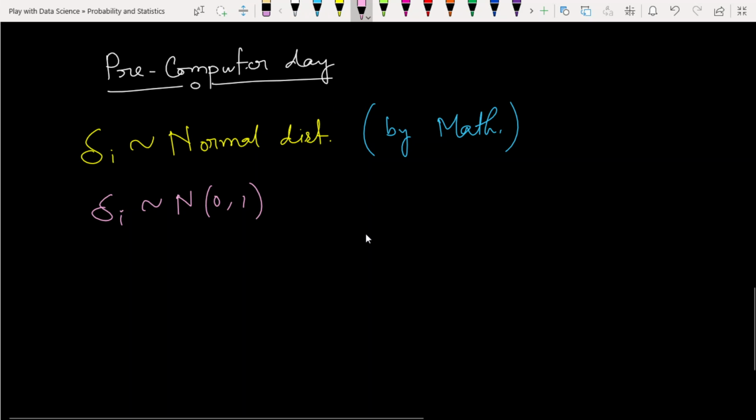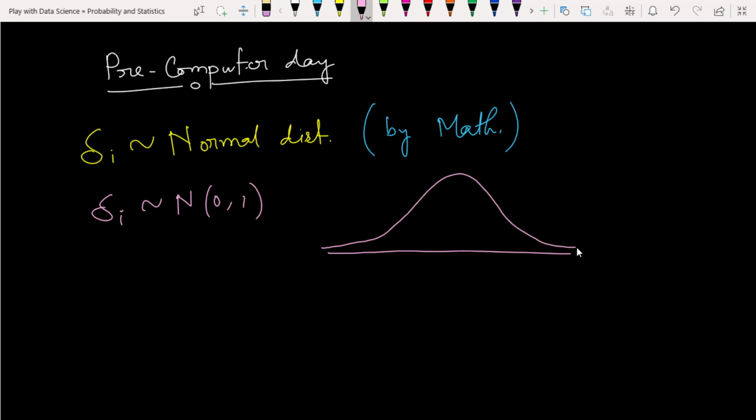We already know the normal 0 1 distribution curve looks like this, with the mean value 0 here, and somewhere here 1, 2, 3. So how will we calculate the p value from here?